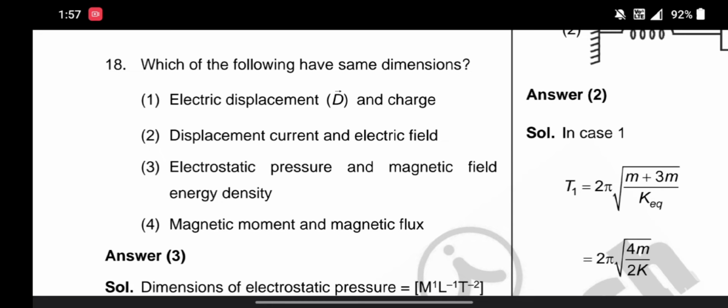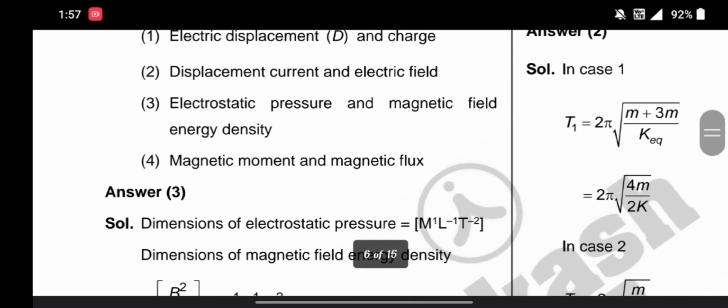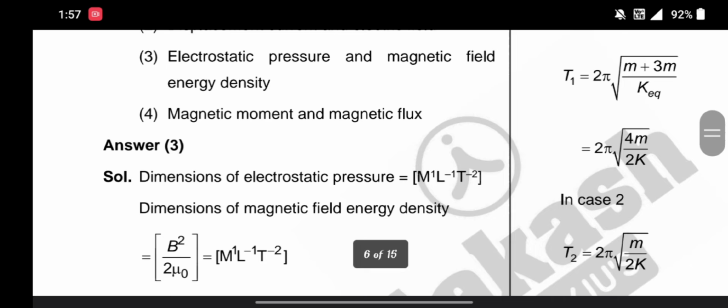If you see here, the dimension of electrostatic pressure is M to the 1, L to the minus 1, T to the minus 2. The dimension of magnetic field energy density is B squared by 2 mu naught, which gives M to the 1, L to the minus 1, T to the minus 2.